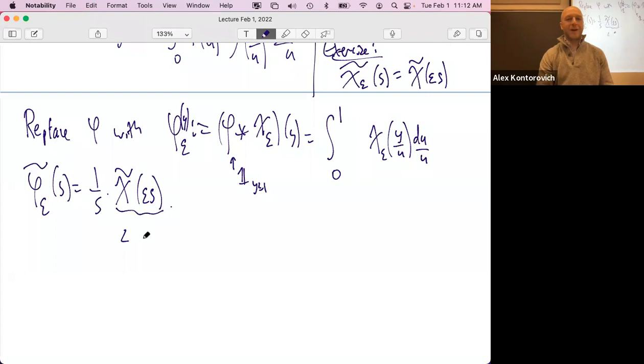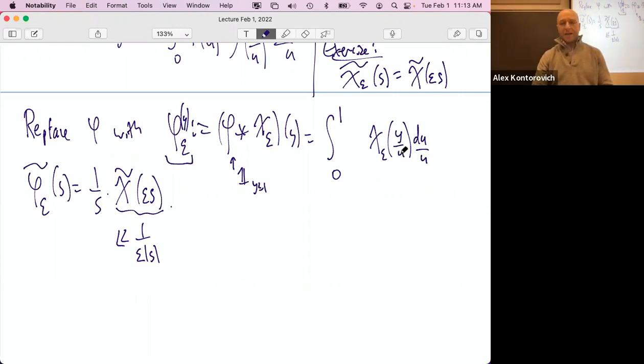This we know is bounded by 1 over epsilon s. This is why I don't need anything more than one derivative, because I already have quadratic decay before I do anything. I pay for it with a 1 over epsilon. We'll have to play around with that, exactly. But now I want to understand what this function is and what it does.